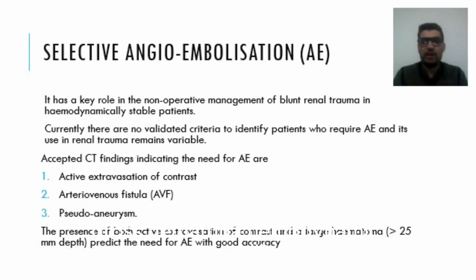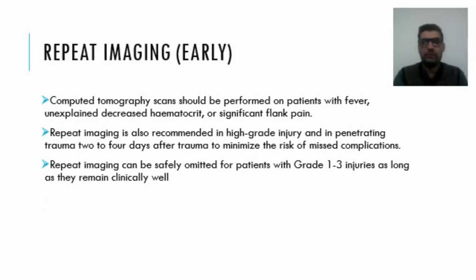Gross hematuria, hemodynamic instability, grade 5 trauma, and urinary extravasation are significant predictors of angioembolization failure. Repeat CT imaging is indicated in a patient with fever, unexplained drops in hematocrit, flank pain, high-grade injuries, or penetrating trauma.